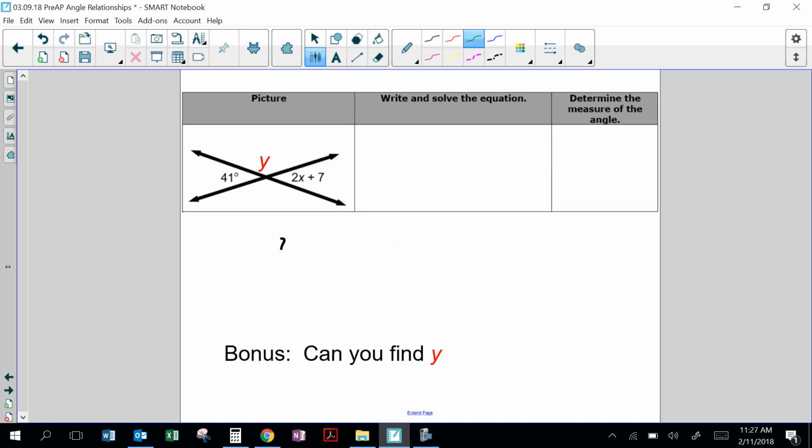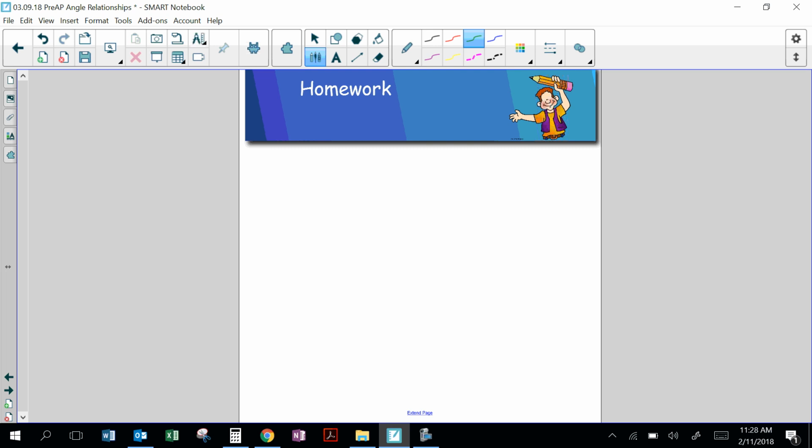And last but not least, many ways to do this. Can you find y? Many ways you could do this. So can you find y? Well, one way you can do this is you know that this is a straight line right here. So y plus 2y plus 7 equals 180 degrees. Or you know this way, this is straight. 41 plus y equals 180.